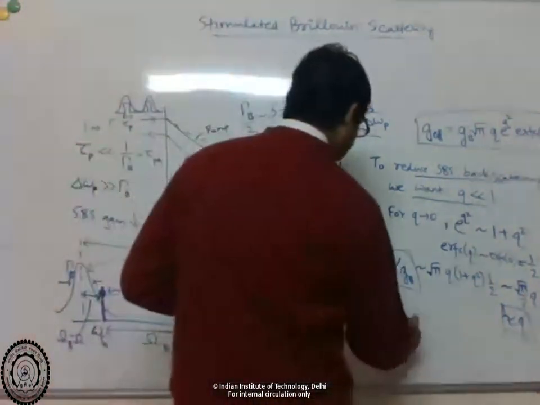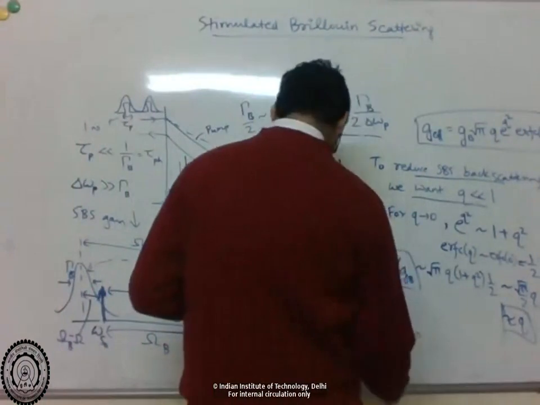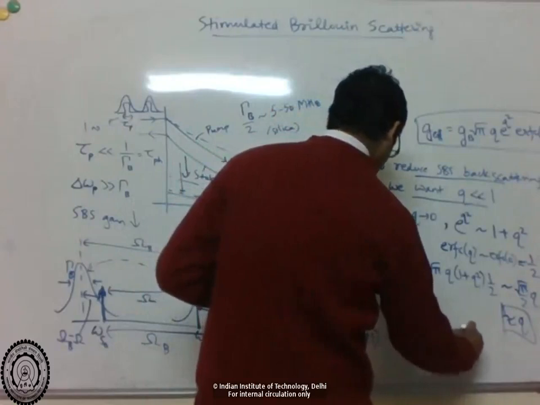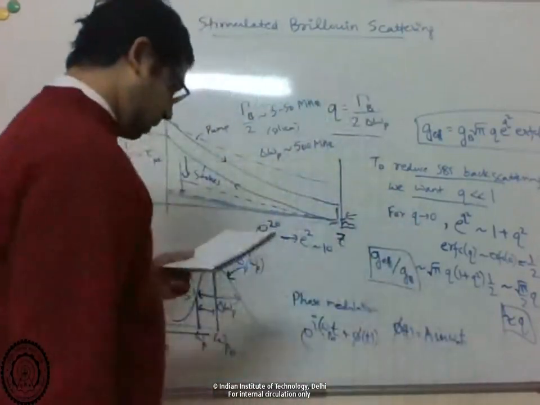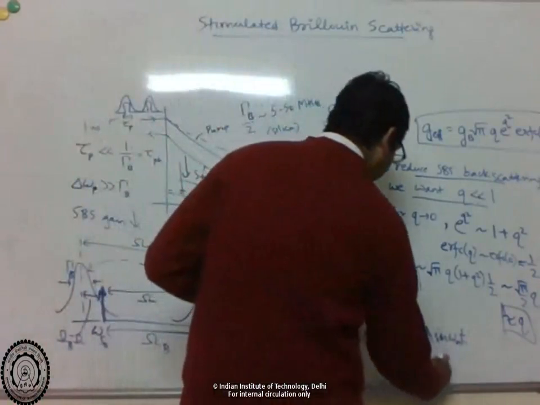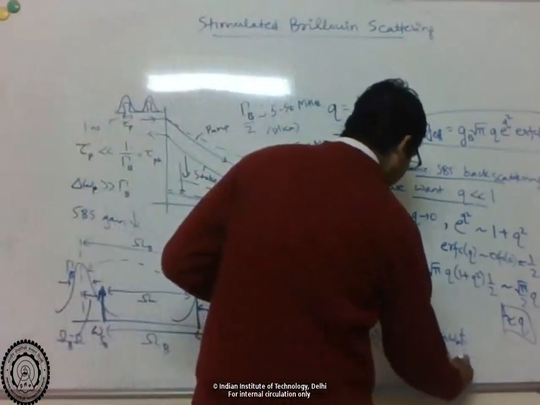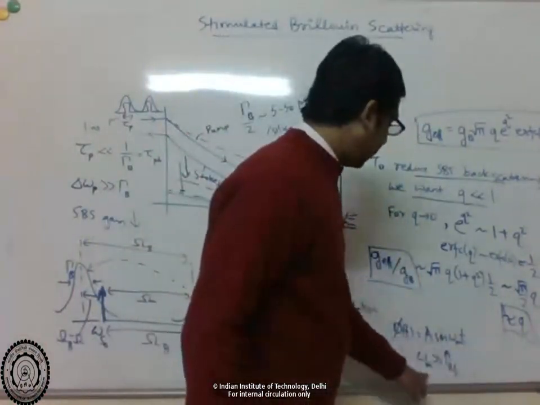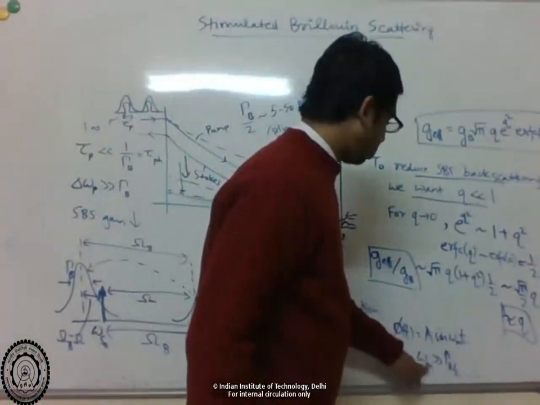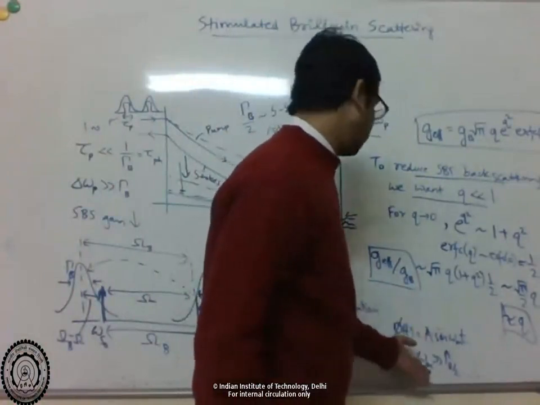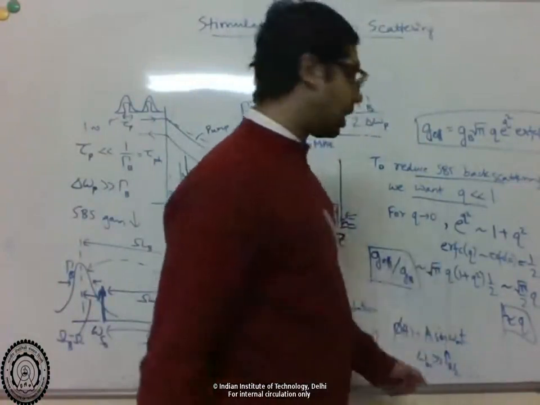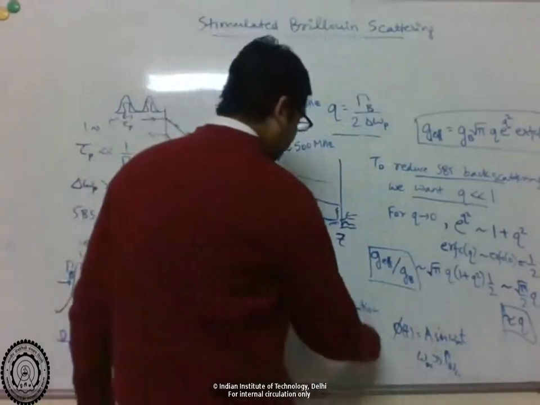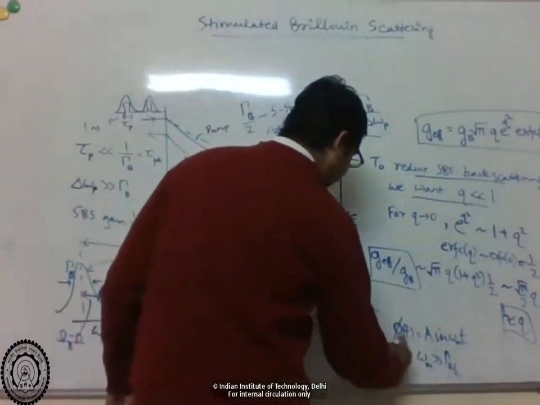Typically you can just use a sinusoidal signal and apply sinusoidal phase, some sine omega m t. And you just choose this omega m to be greater than your Brillouin linewidth, which is roughly 10 megahertz. So you can choose 100 megahertz or 1 gigahertz; you have modulators available which go up to even 50 gigahertz. This phase modulation results in a broadening of the frequency spectrum.